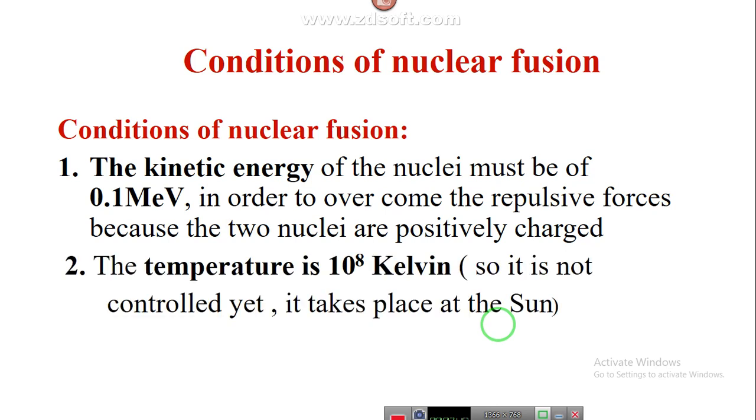Also, the temperature must be 10 to the power 8 Kelvin. So it is not controlled yet. It takes place only in the sun. Here we do not have a generator that functions according to nuclear fusion.